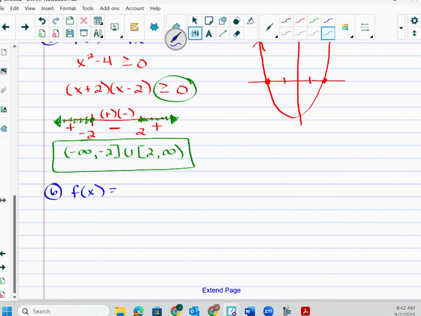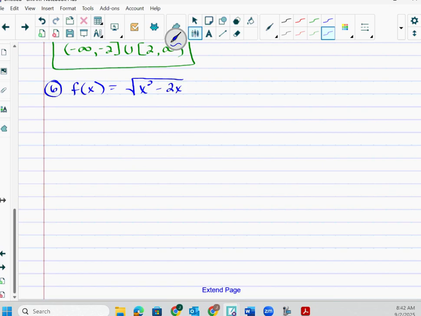Let's say our function is the square root of x squared minus 2x. Okay.